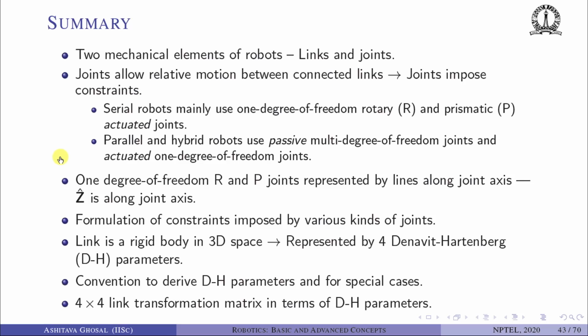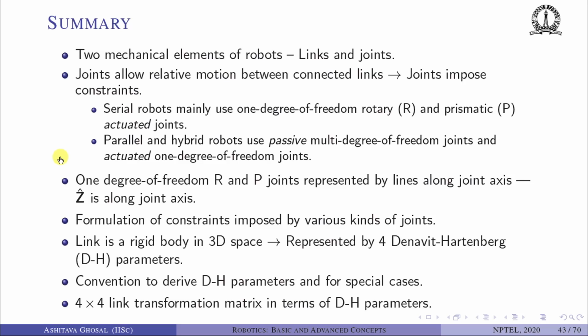The 1 degree of freedom rotary and prismatic joints are represented by lines along the joint axis. The z-axis is always along the joint axis. So as far as the link is concerned, we will have a z-axis which is along the joint axis. And I showed you how to formulate the constraints imposed by various kinds of joints.